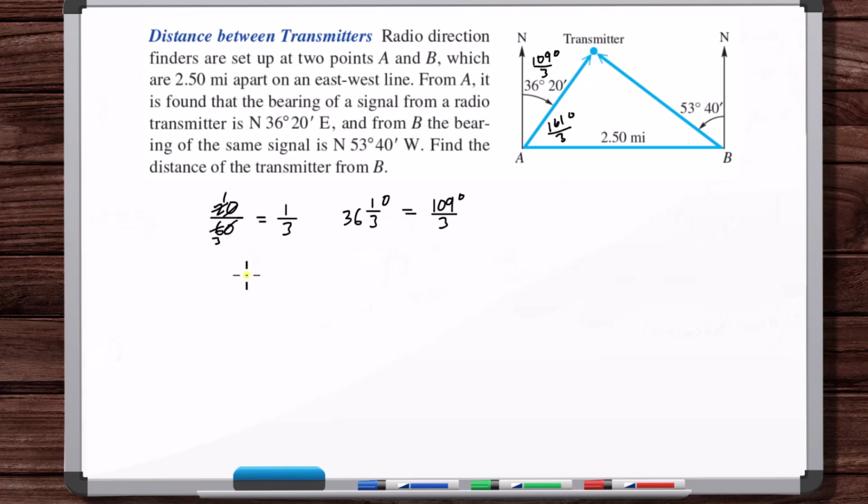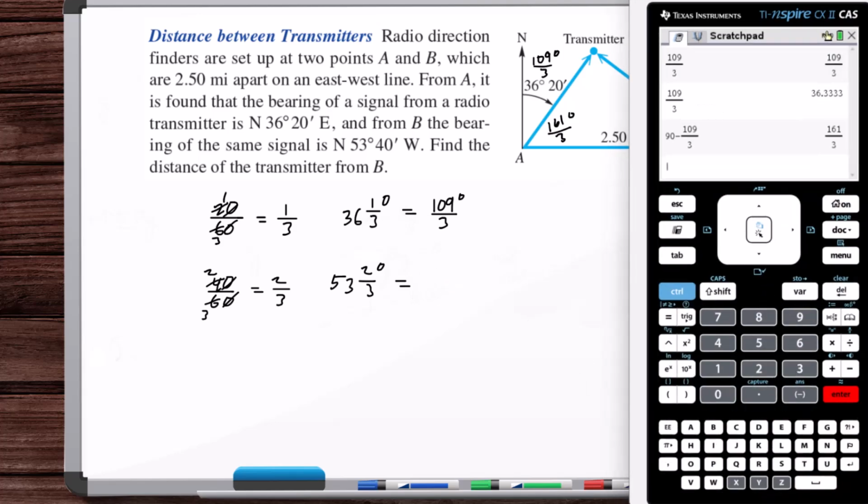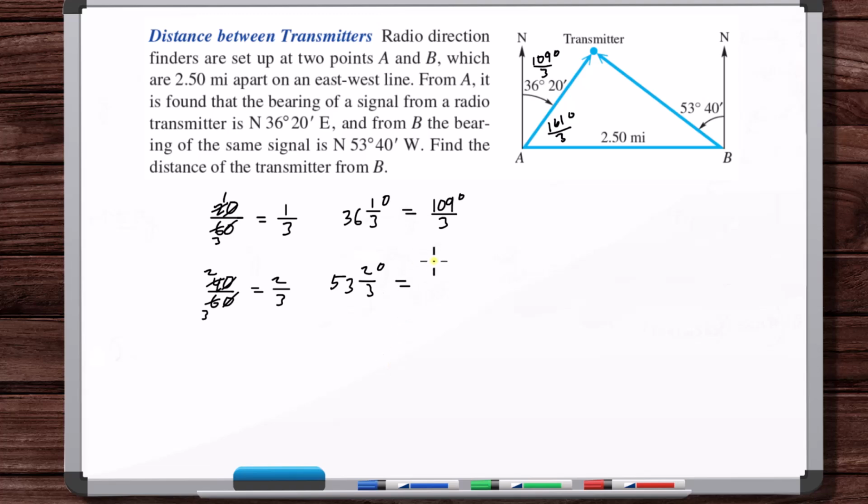Okay, now 53 degrees 40 minutes. 40 minutes is how much of a degree? So 53 and 2/3 is 161 divided by 3.